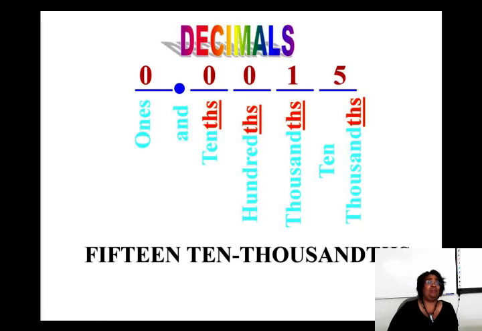Now, this is kind of important. In math, you don't really have to have this lead 0, but in my class, you do. I don't want to be guessing whether you're writing a decimal or not, okay? I want you to put a 0 in the ones place if you are talking about just a decimal. So you're warning me by telling me, hey, this is going to be a decimal.